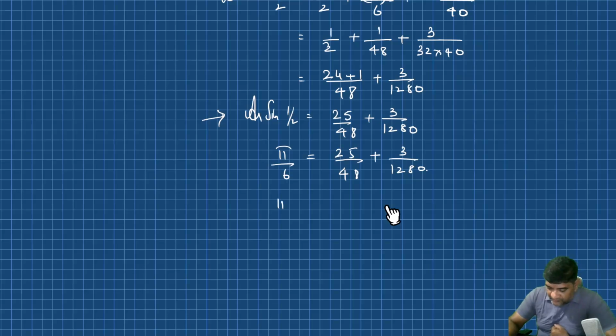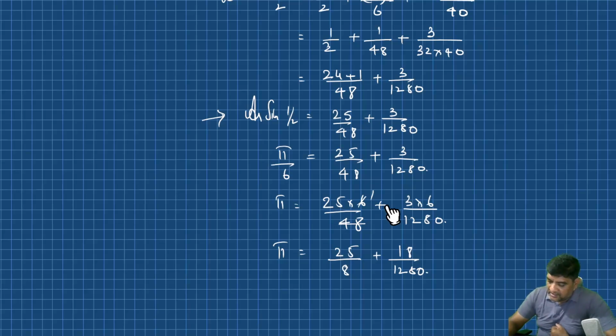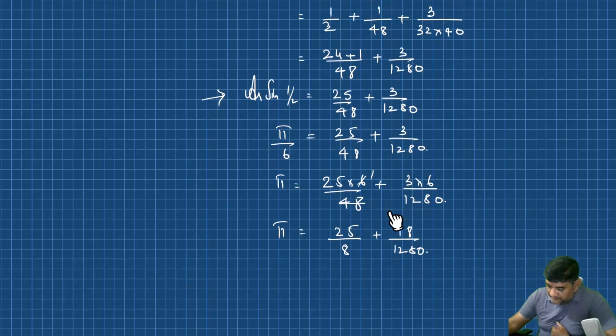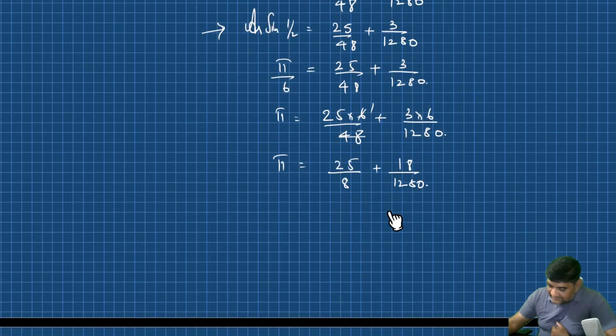Well, I'm going to transpose this. This is going to become 25 into 6 divided by 48 plus 3 into 6 divided by 1280. So 6 ones are 6, 18 divided by 1280. I don't have another option than to actually take an LCM over here.